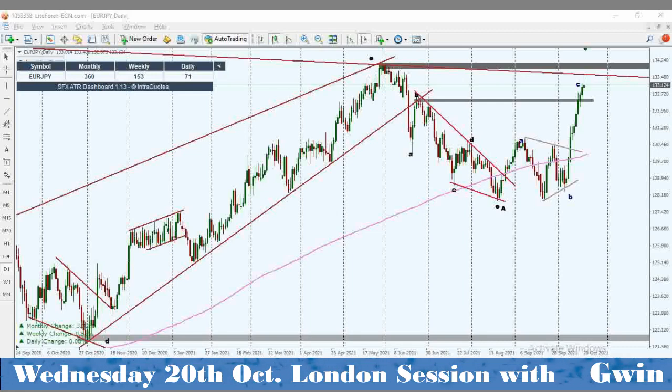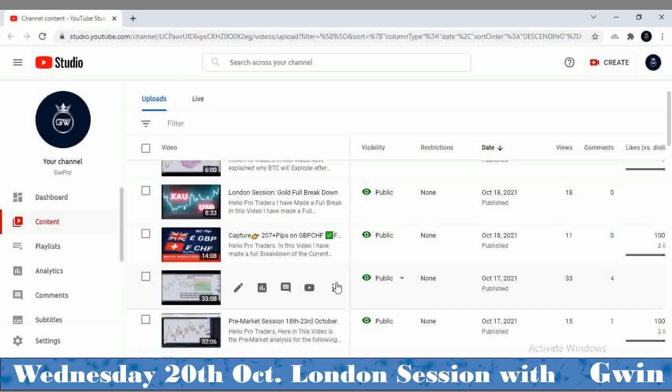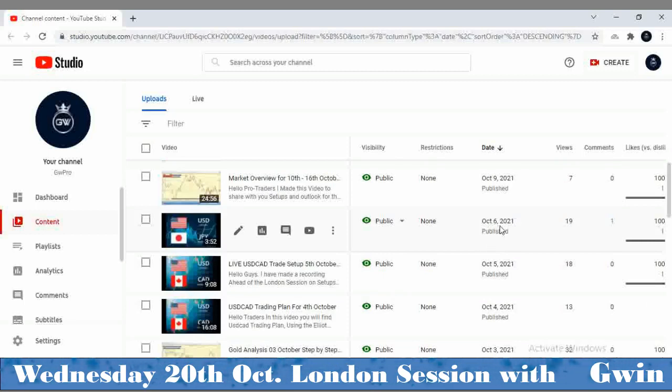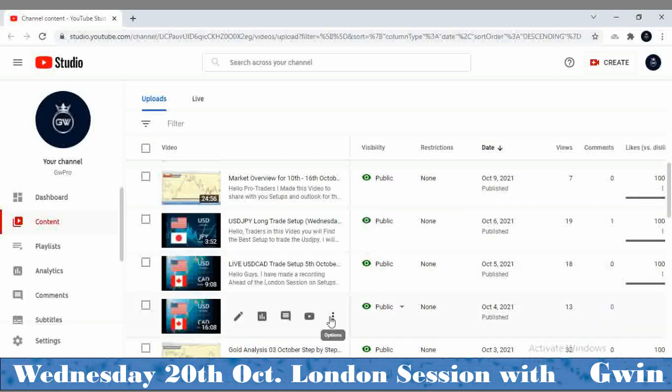It was also the same with other ones, which set up nicely, and a few minutes later we had price move. You can see here with the USDJPY, we posted this on the 6th, and immediately price moved to the upside. Also we looked at the USDCAD in a live session, which we took some trades on, and we planned it a day before.